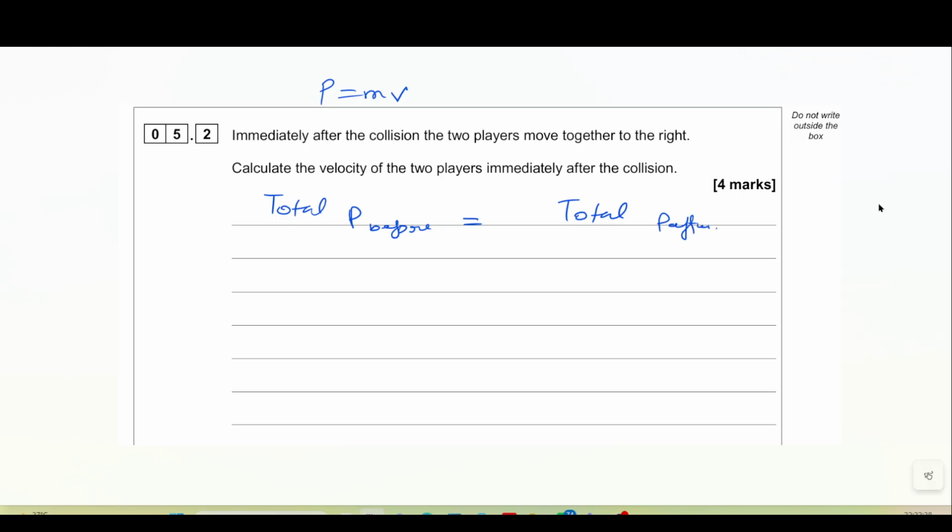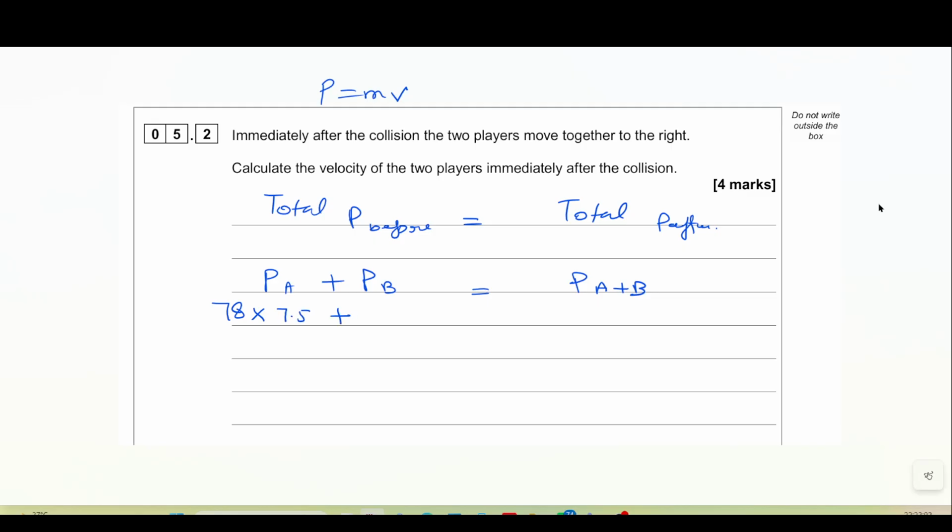Let's name before collision as PA plus PB. After collision, they combine and it makes A plus B. Mass times velocity. Mass is 78 kilograms for A, and the velocity is 7.5.